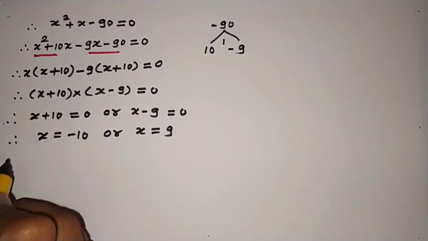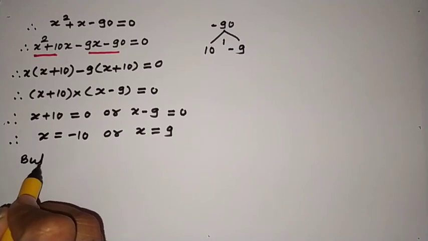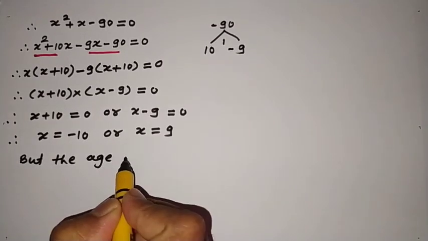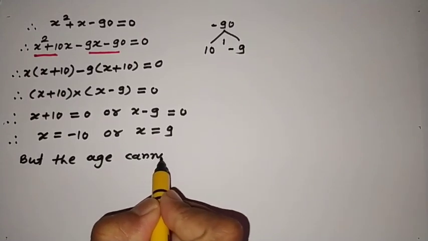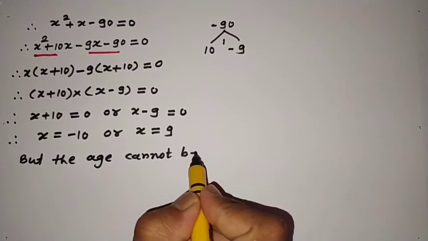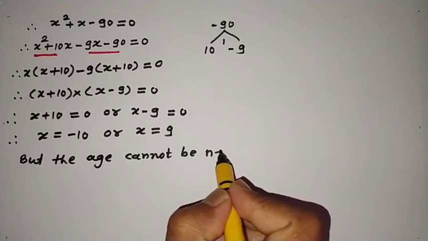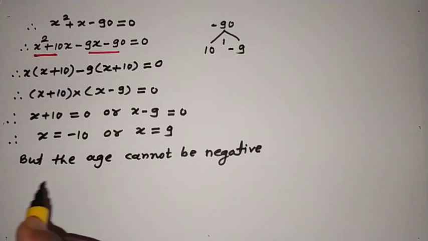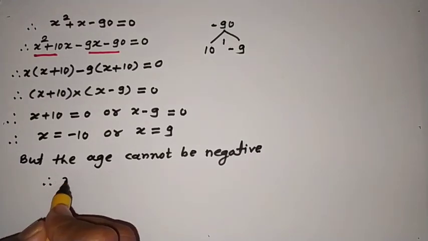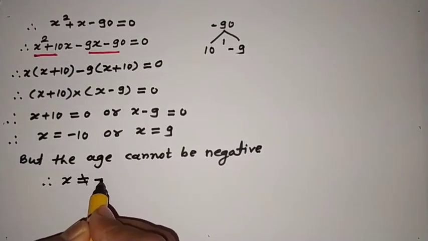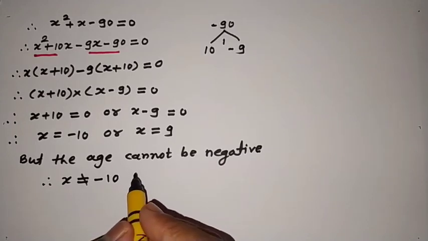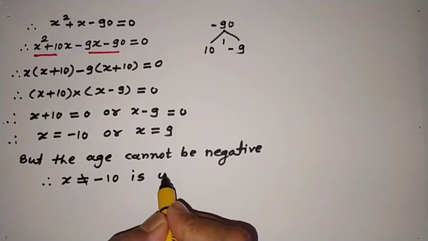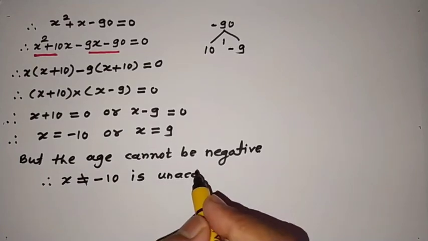But the age cannot be negative. Therefore x equal to minus 10 is unacceptable.